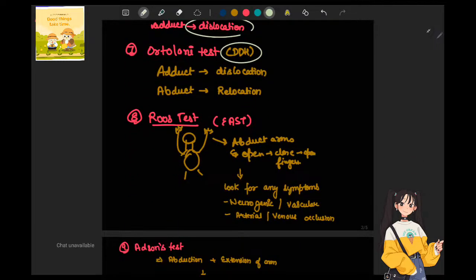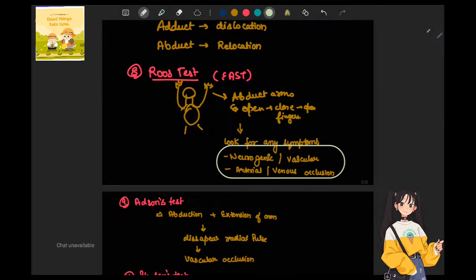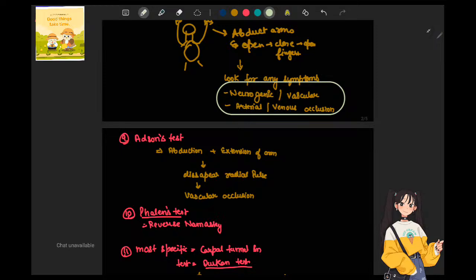Okay, then we have the Roos test. Roos test is for neurogenic, vascular, arterial, venous occlusion. Abduction, extension of the arm, disability, vascular occlusion.